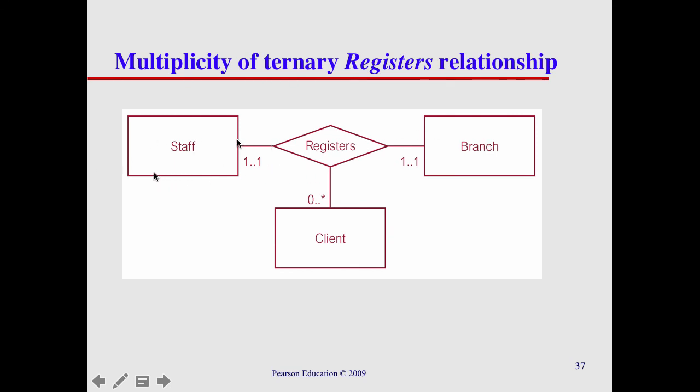How many clients can Brad register at the Huntington branch? 0 to many. If I'm a bad staff member, I register 0. If I'm a good one, I register many. Okay? What about staff? Well, if I have a client, Smiley, who's registered at the Huntington branch, exactly 1 staff member registered Smiley at the Huntington branch.